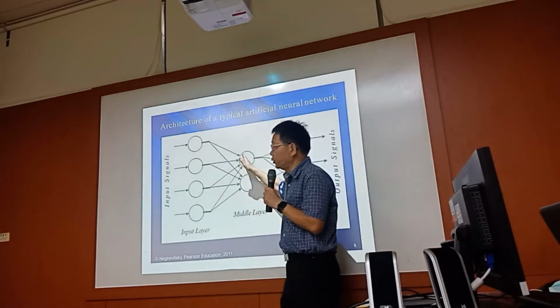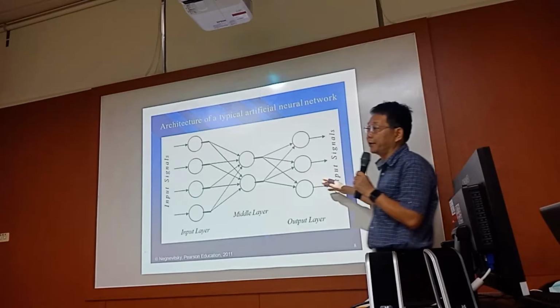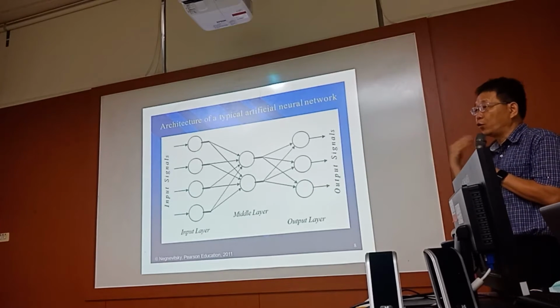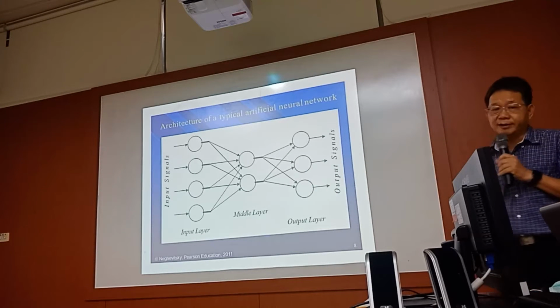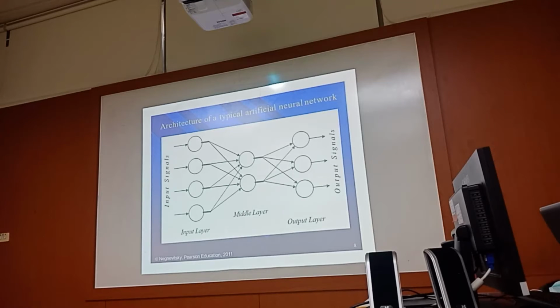But during the output, it has different layers, not just one way. One way we call a perceptron. But even with one way, at that time, research said it can solve many problems, especially linear problems. Perceptron could solve most of the problems at that time.